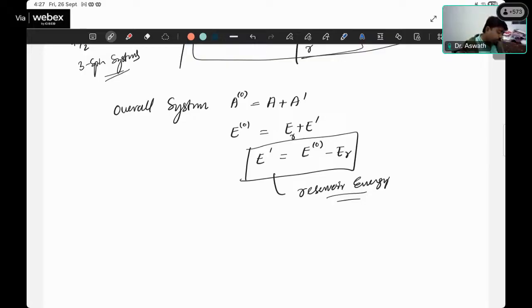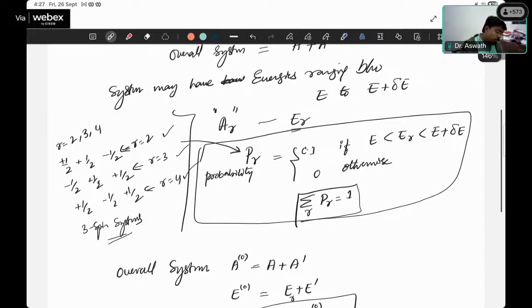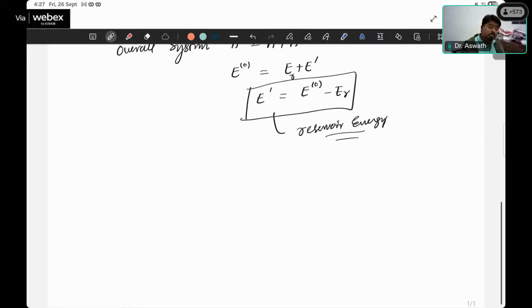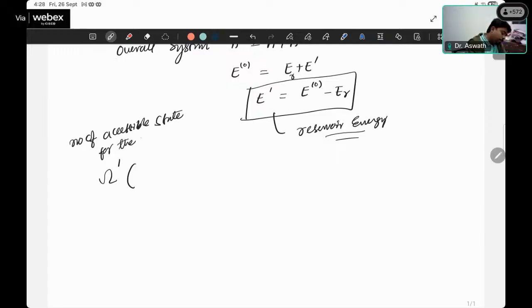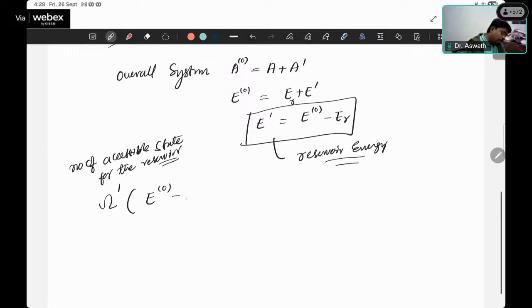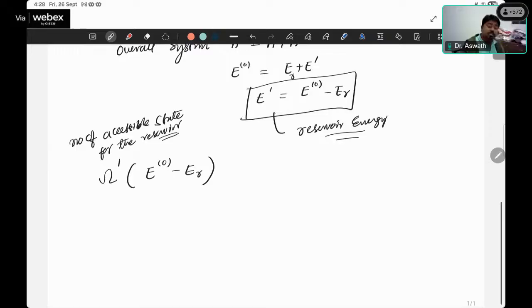How big a number? Just now we saw that for the 3-qubit system there are just 3 accessible states. When I want to write it for the reservoir, the number of accessible states is going to be a huge number, because the energy of the reservoir is just the overall energy, reservoir plus system, minus the system energy.